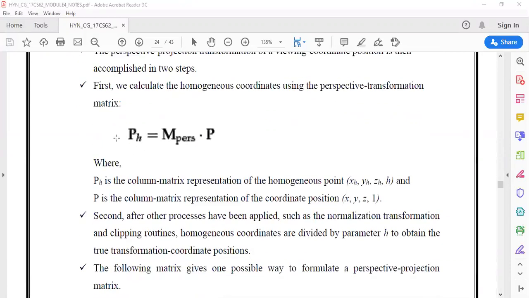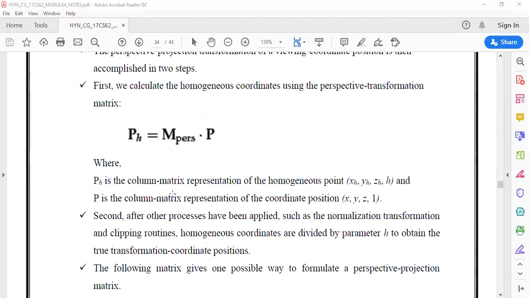To find the homogeneous coordinates, Ph stands for the perspective homogeneous coordinate matrix. This is a column matrix equal to M-pers dot P, where M-pers is the transformation matrix for perspective projection and P is the matrix for the coordinate representation.